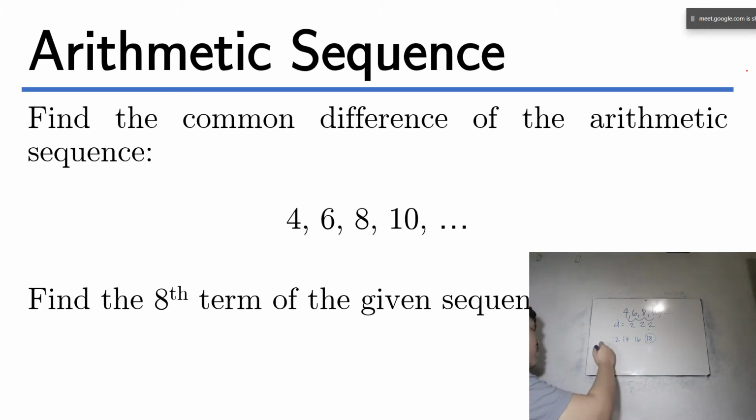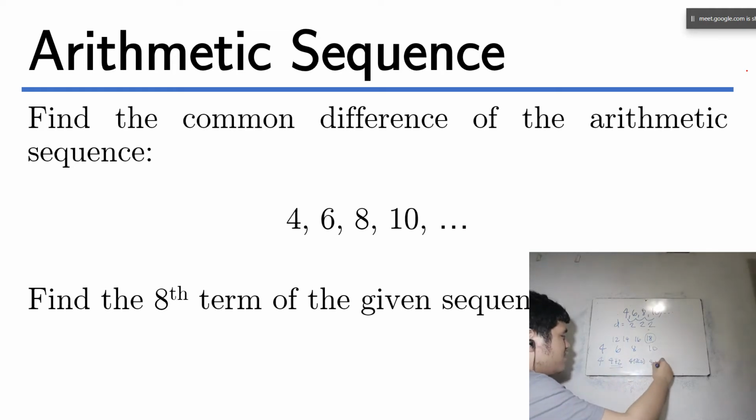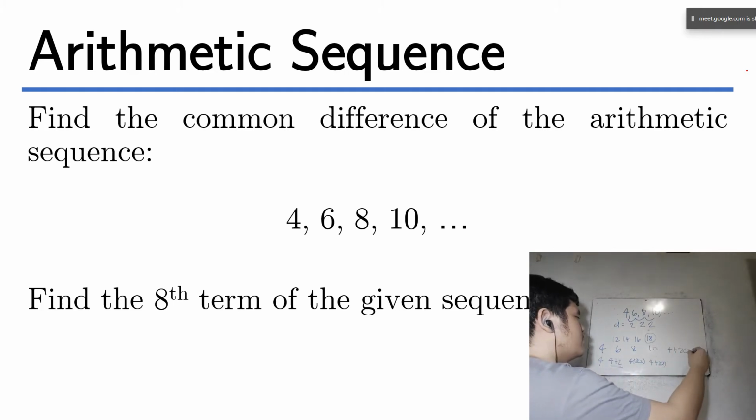Pansin nyo, sa bawat pagkuha ko ng next term, parang mas konti ng isa yung dinadagdag natin, di ba? So if I were to follow this logic, itong 8th term natin is 4 plus 2 times 7 equals 18. Yan. Okay. Ngayon, let's move on, no?